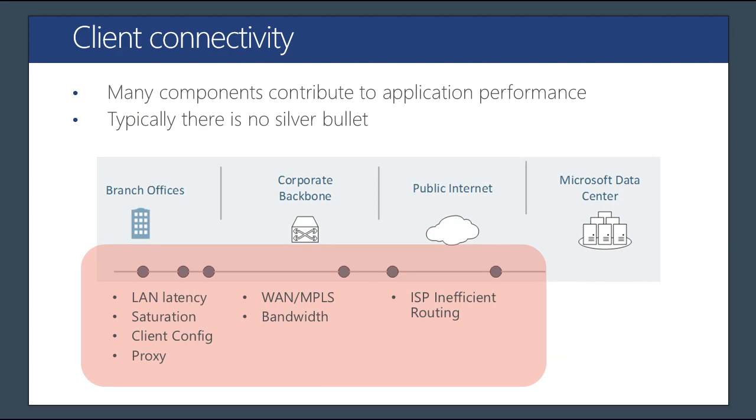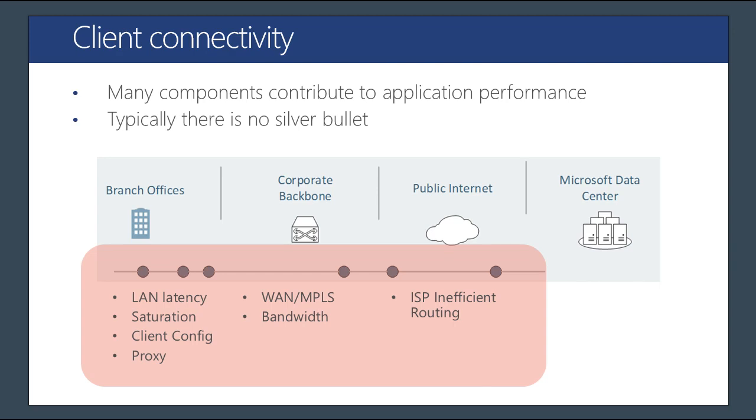Because the latency or the delays are added at various levels, we have seen that within the branch offices and just the corporate network can add maybe 100 milliseconds, which is a significant amount of delay if you consider users who might be sitting in Asia. There is the 200 millisecond latency just because of their geographical location. But if your corporate network itself is adding another 100 or 150 milliseconds to it, then that's almost making it unusable for the end users.